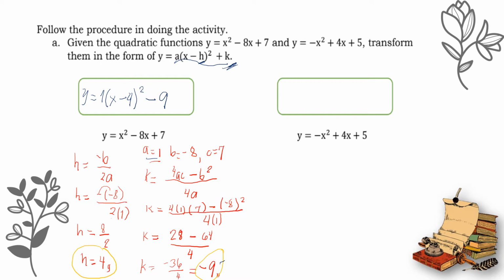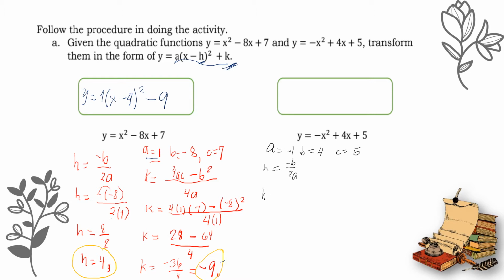Y is equal to negative x squared plus 4x plus 5. So, we need to identify our real numbers A, which is negative 1, our B, which is equal to 4, and our C, which is equal to positive 5. And then, palitan po natin. Ang H po natin is, ang formula natin is negative B all over 2A.